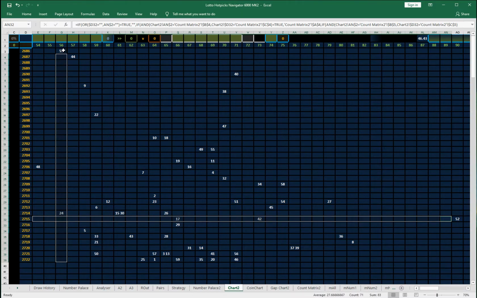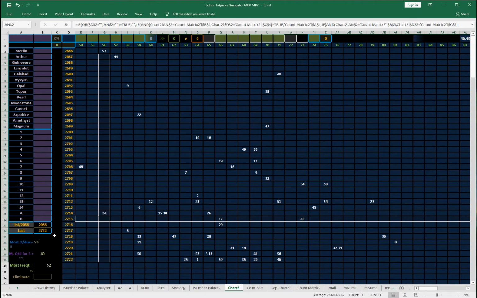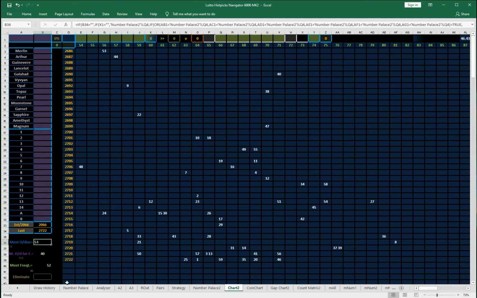For instance, we've got the number that's drawn most frequently on the horizontal, and the number that is most overdue on the vertical axis. And these numbers are specified in this analysis section.